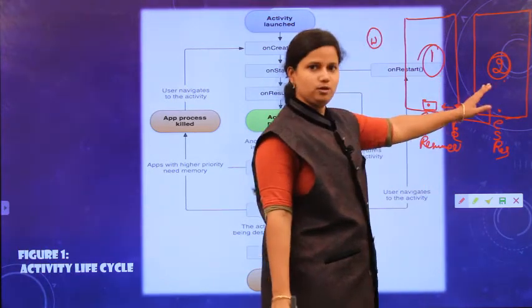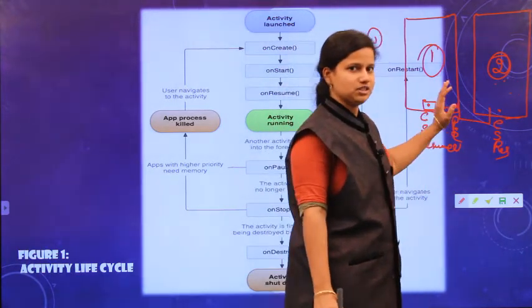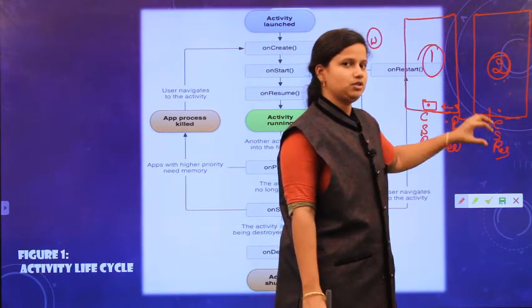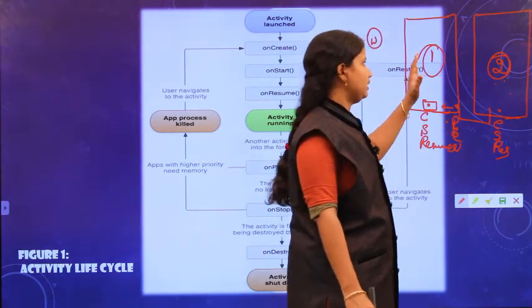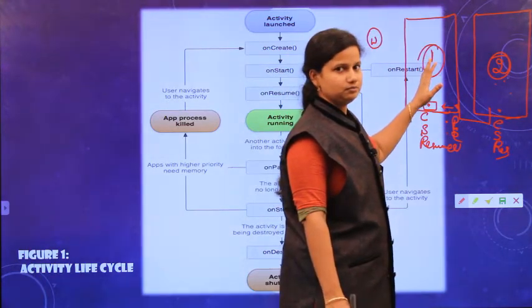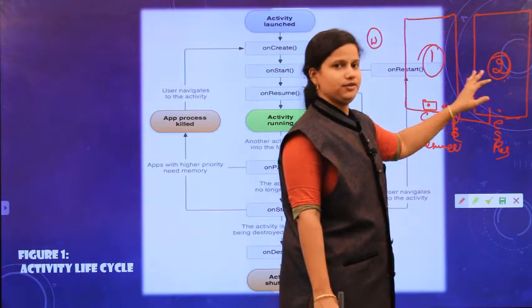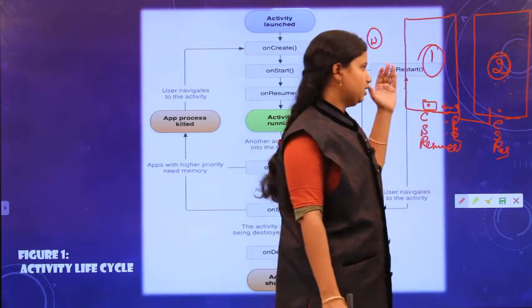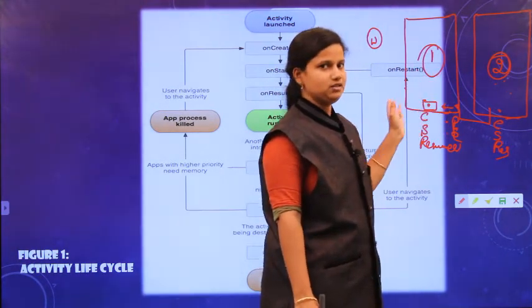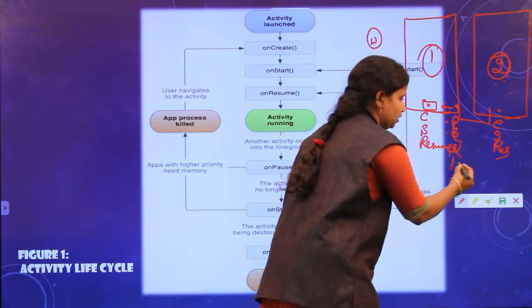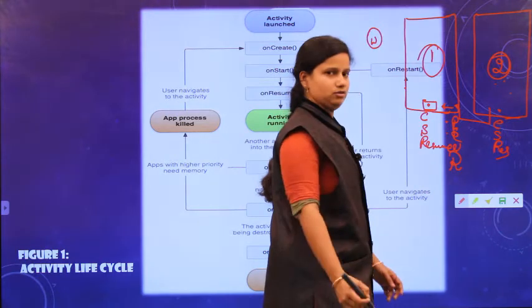But I want to go back again, moving from the second activity to the first activity. At this situation, what are the methods? I want to restart activity 1 from activity 2 and move back to it.